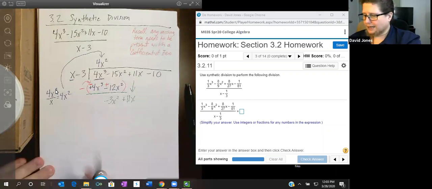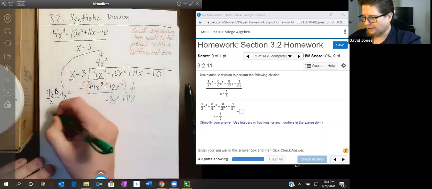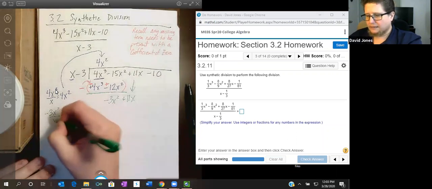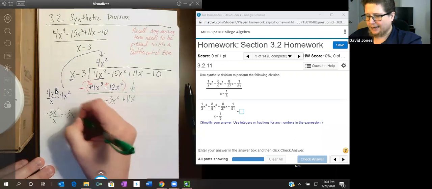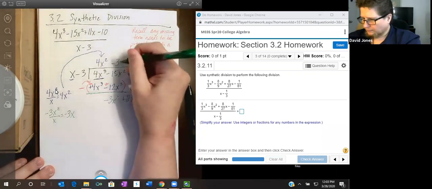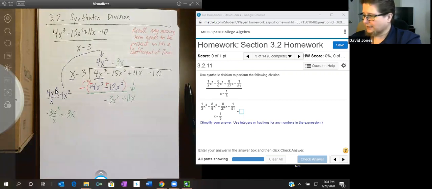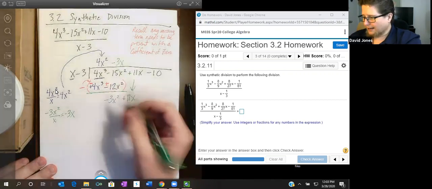Now we'll see how many times x goes into negative 3x squared. And it leaves behind negative 3x. I'm going to take the negative 3x and multiply by everything out front.